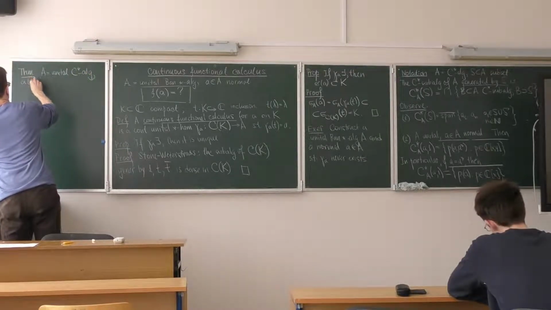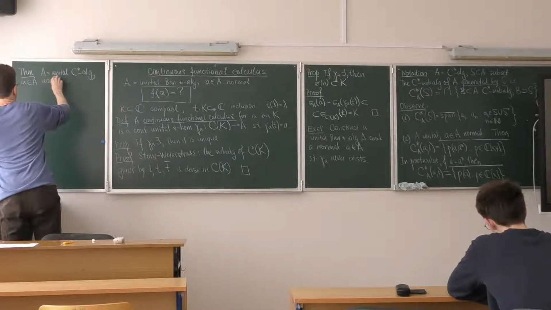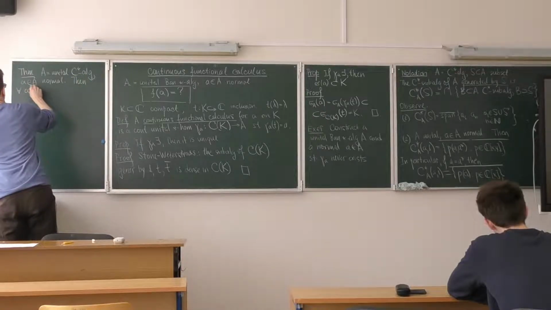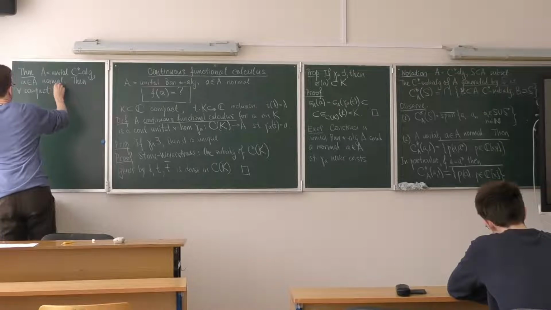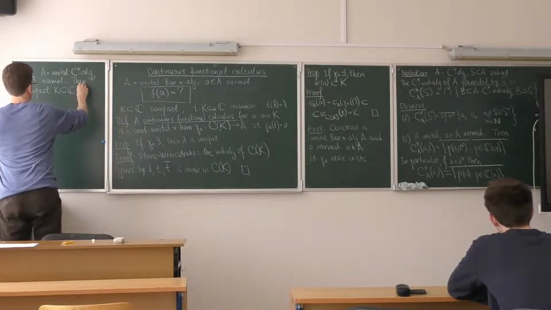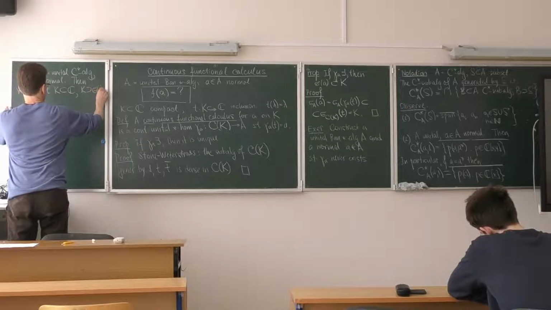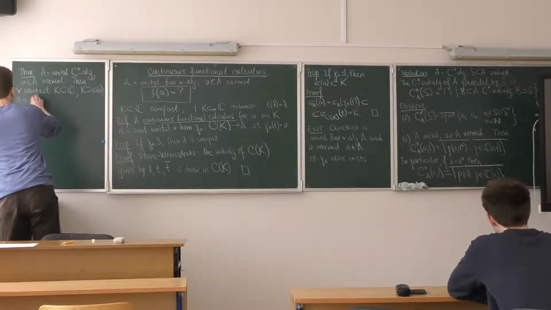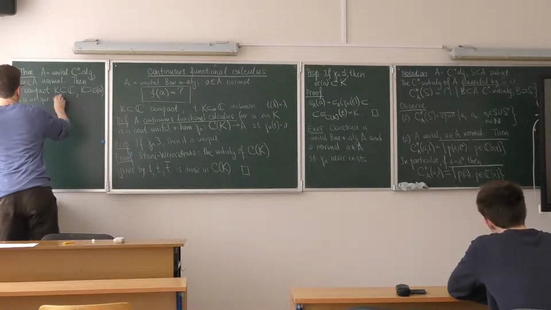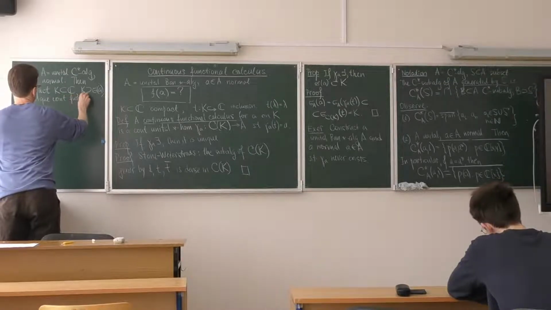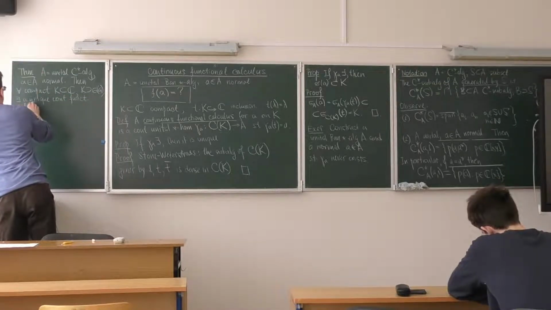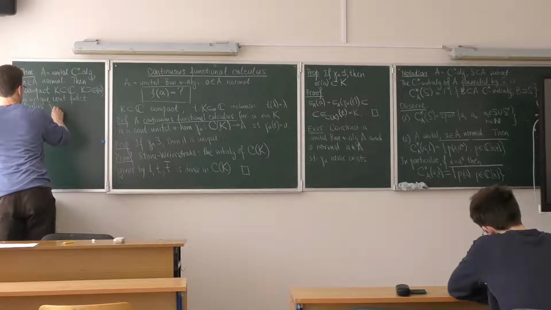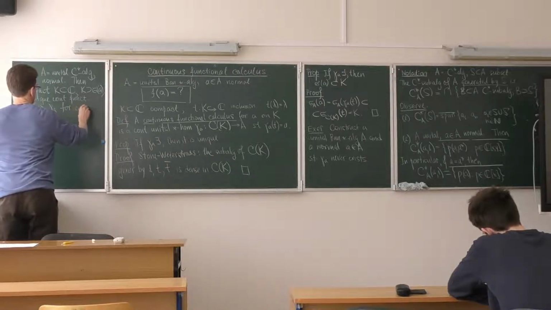Little a is a normal element of A. Then, for each compact subset K of the complex plane, which contains the spectrum of a, there exists a unique continuous functional calculus, that's denoted by gamma, for a on K.